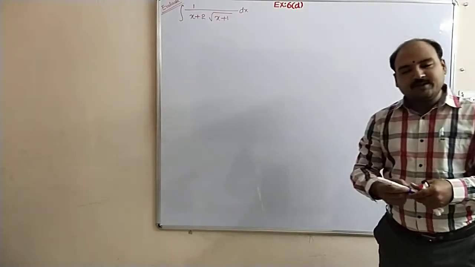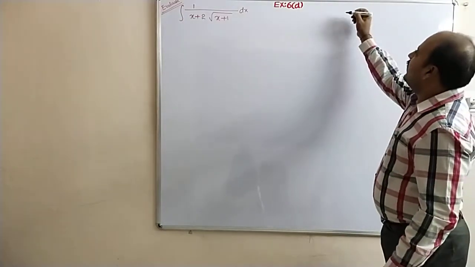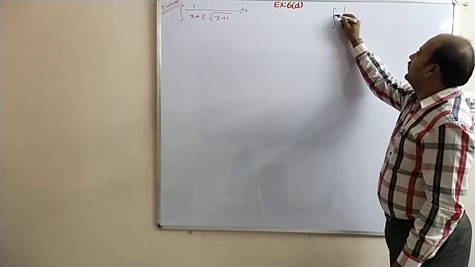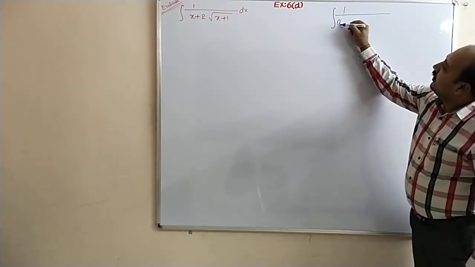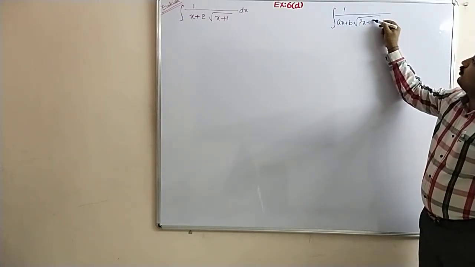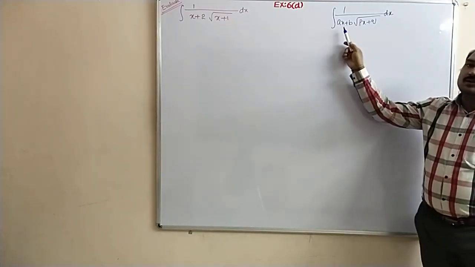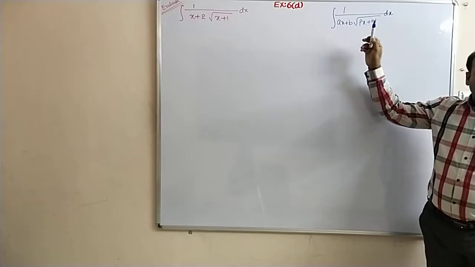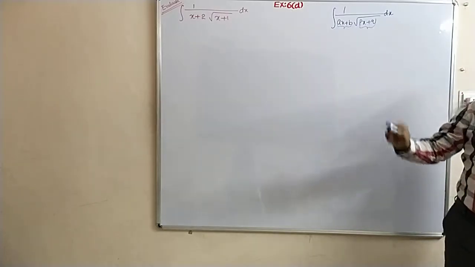The next model is of this same type, but both are linear functions. How to evaluate the integral of 1 by ax plus b into square root of px plus q into dx, when the two functions in the denominator are both linear functions?